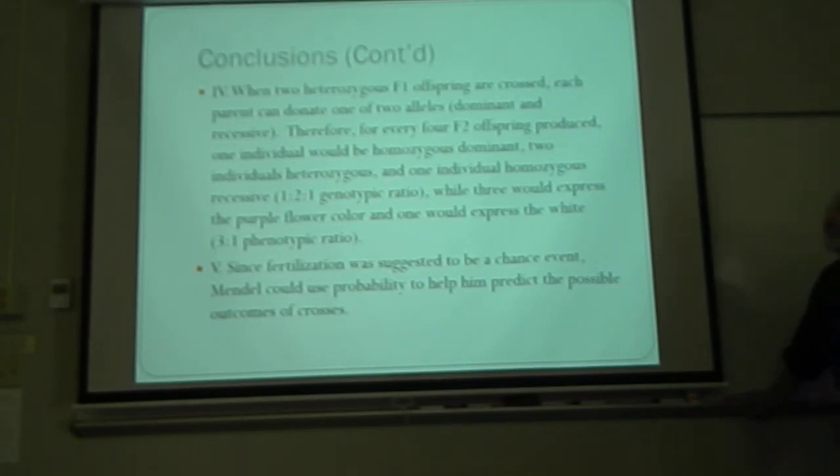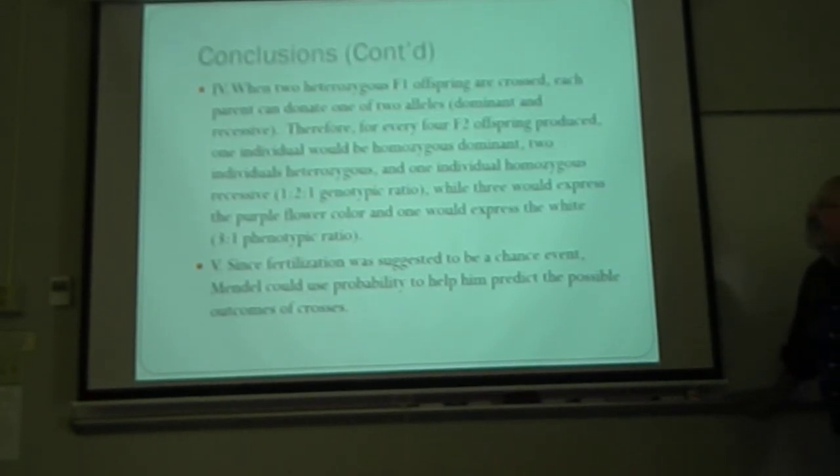The genotypic ratio is the ratio of what out of every 4 individuals in a monohybrid cross in the F2 generation: 1 will be homozygous dominant, 2 will be heterozygous, 1 will be homozygous recessive. So that's where the 1 to 2 to 1 genotypic ratio can be found.